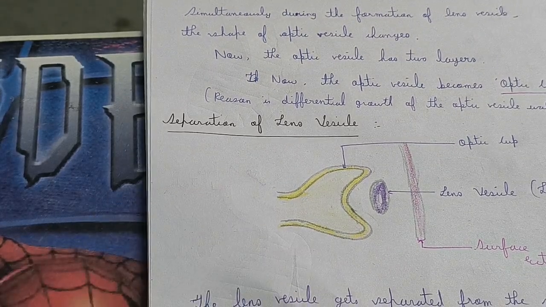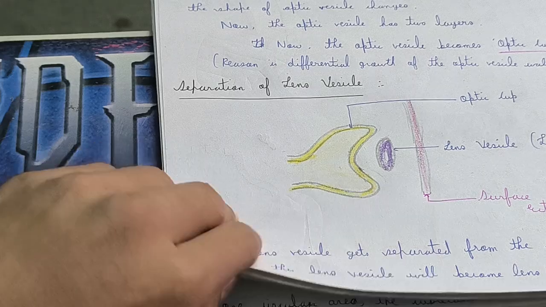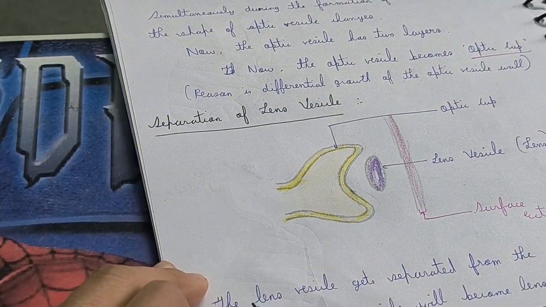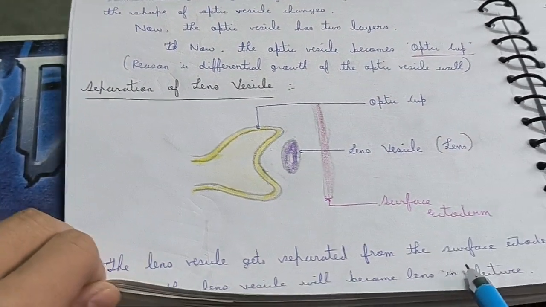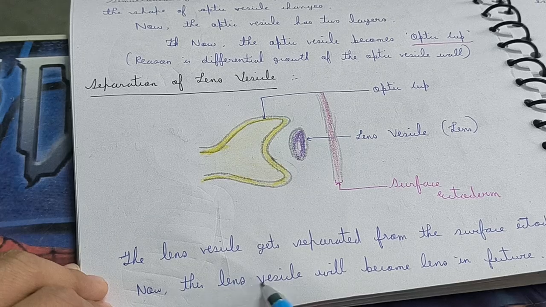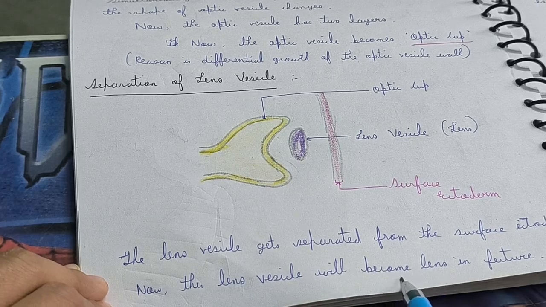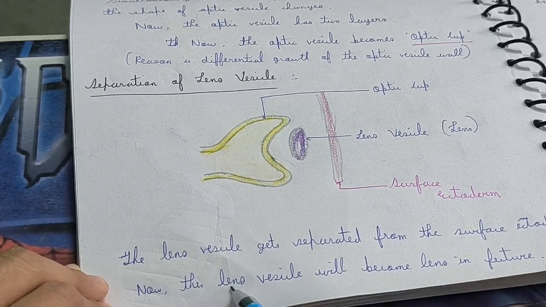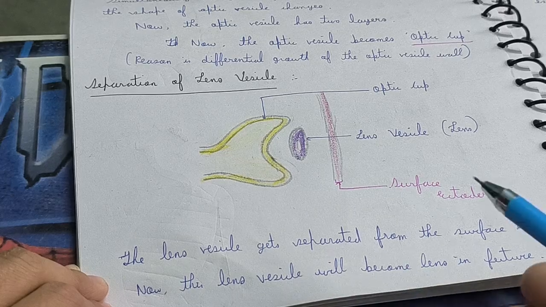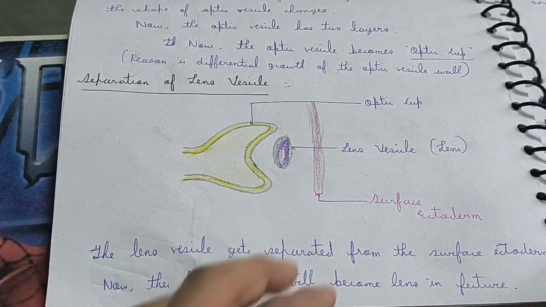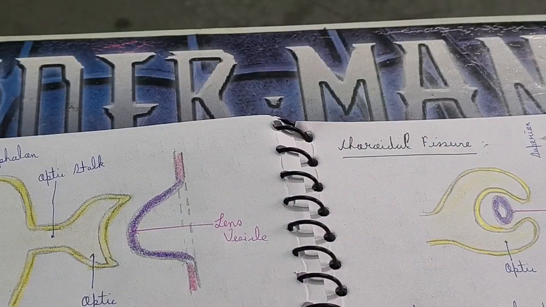This happens during the 23rd month of intrauterine life. So I have written that the lens vesicle gets separated from the surface ectoderm. Now this lens vesicle will become the lens in future, but now it is completely separated.